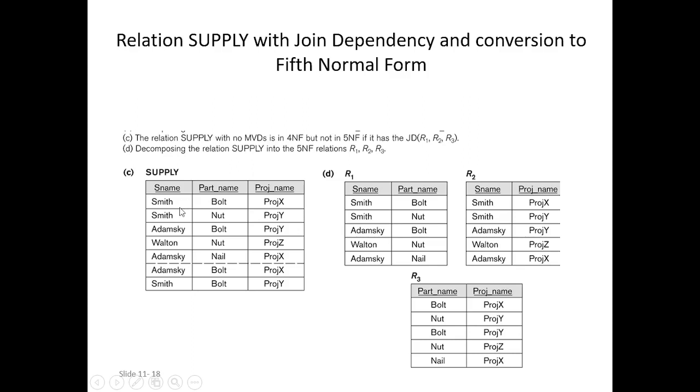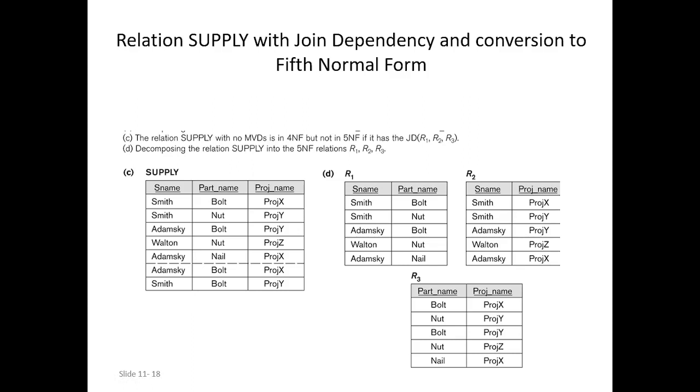The main problem is that this has no multivalued dependencies. That's why it is in 4NF, but it is not in 5NF, because we can again decompose it into relations R1, R2, R3.